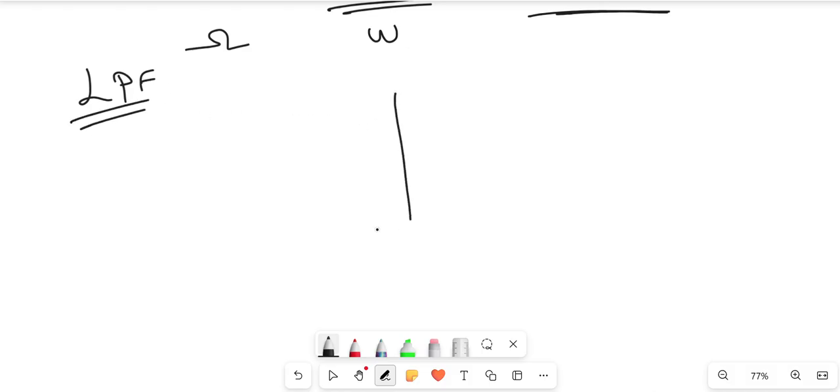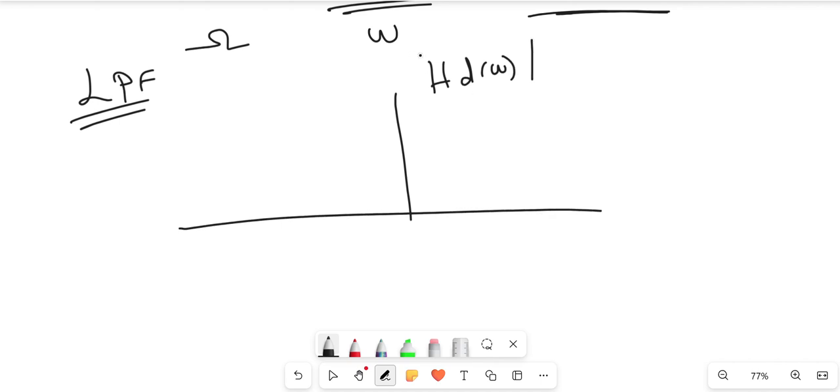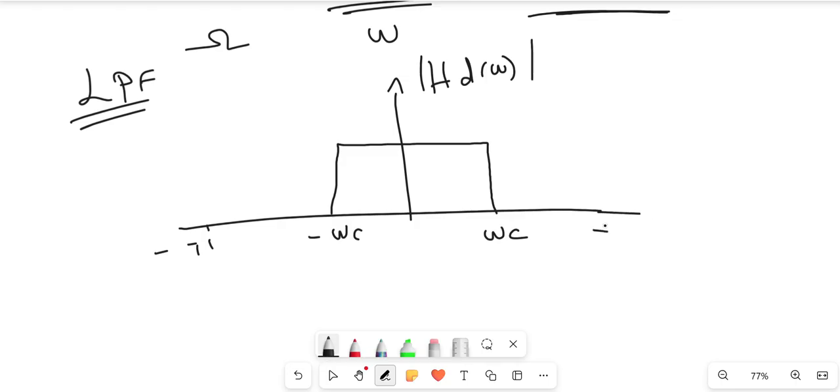So what is the desired frequency response of a low pass filter? Here we have minus omega c to plus omega c, and the range is minus pi to plus pi on the omega axis.